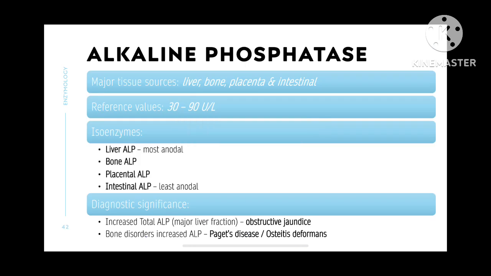ALP activity is present on cell surfaces in most human tissue, but the highest concentrations are found in the intestine, liver, bone, spleen, placenta, and kidney. In the liver, the enzyme is located on both sinusoidal and bile canalicular membranes, while the activity in bone is purely confined to the osteoblast.